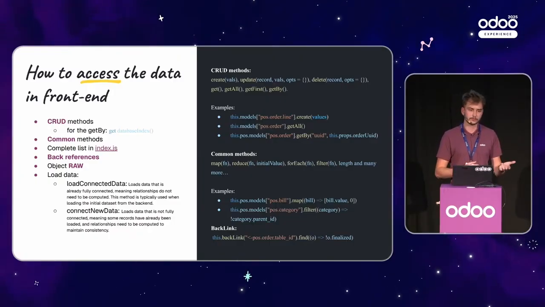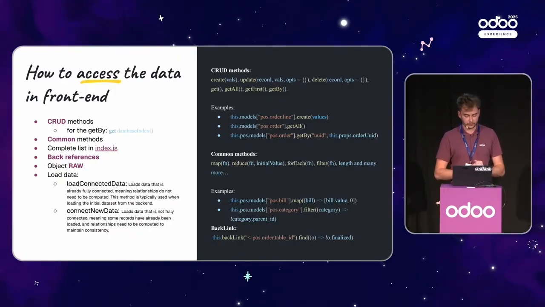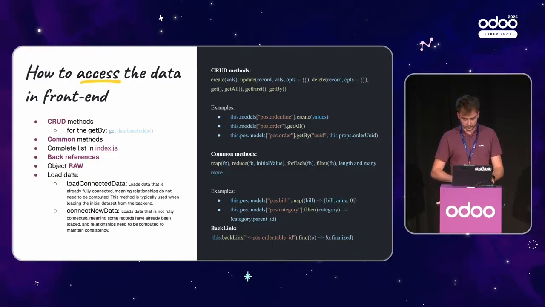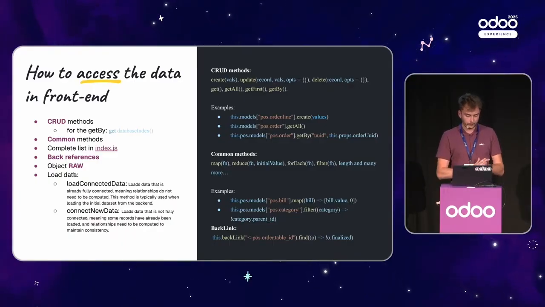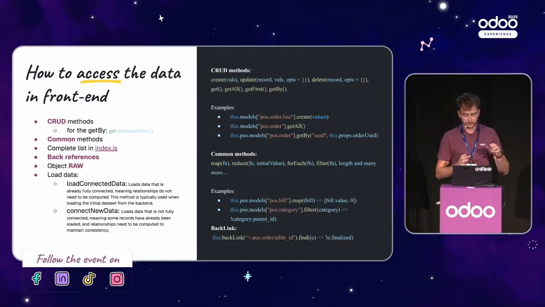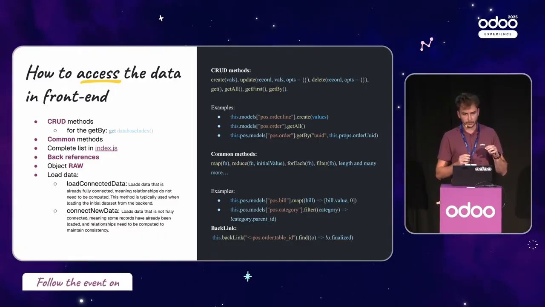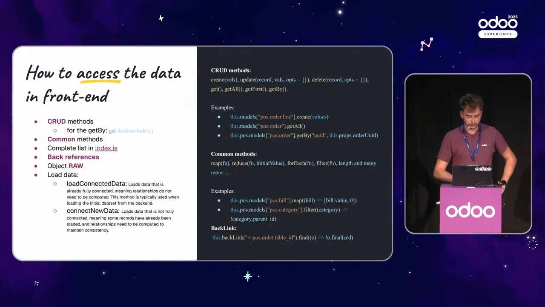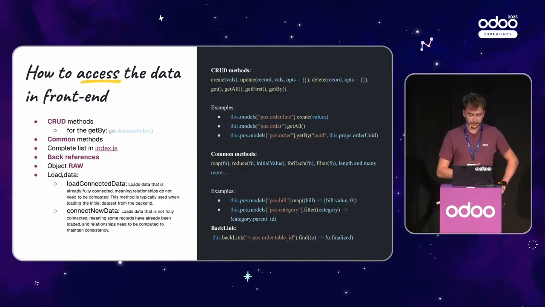You can always retrieve the ID in the row. Keep in mind, the content of the data that is sent from the backend is still in the row, even if it's not in the record in the front end.